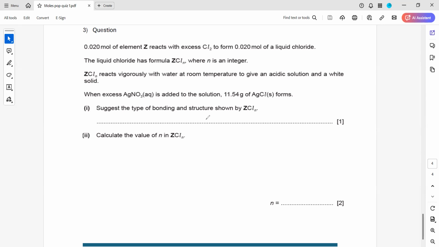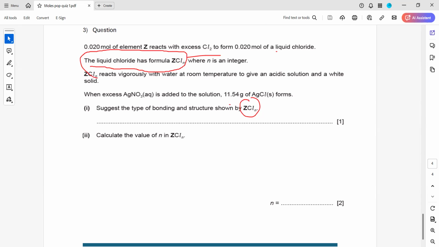Suggest the type of the bonding in ZClₙ. How can we predict the type of the bonding? As you can see, it is forming a compound, a liquid chloride. So when a compound is liquid at room temperature, what can you predict about the type of the bonding?